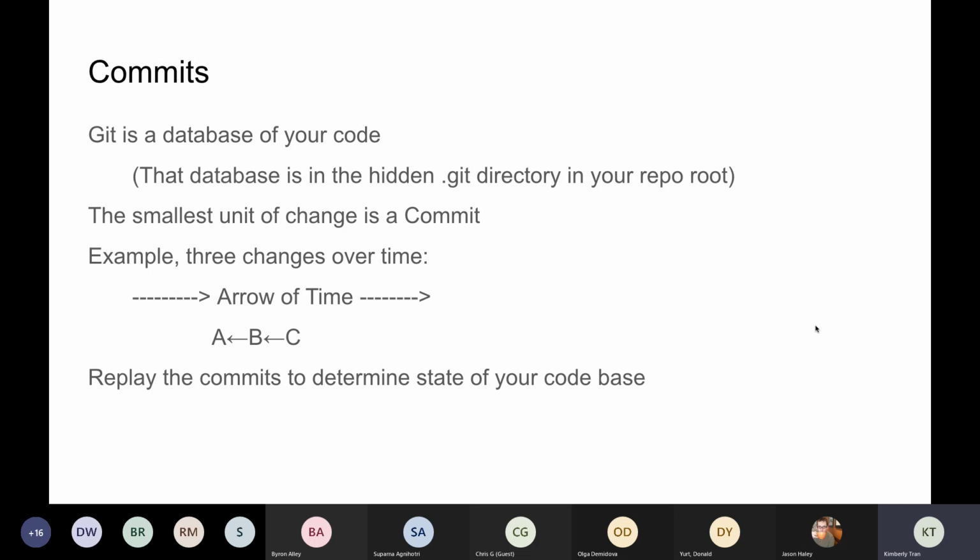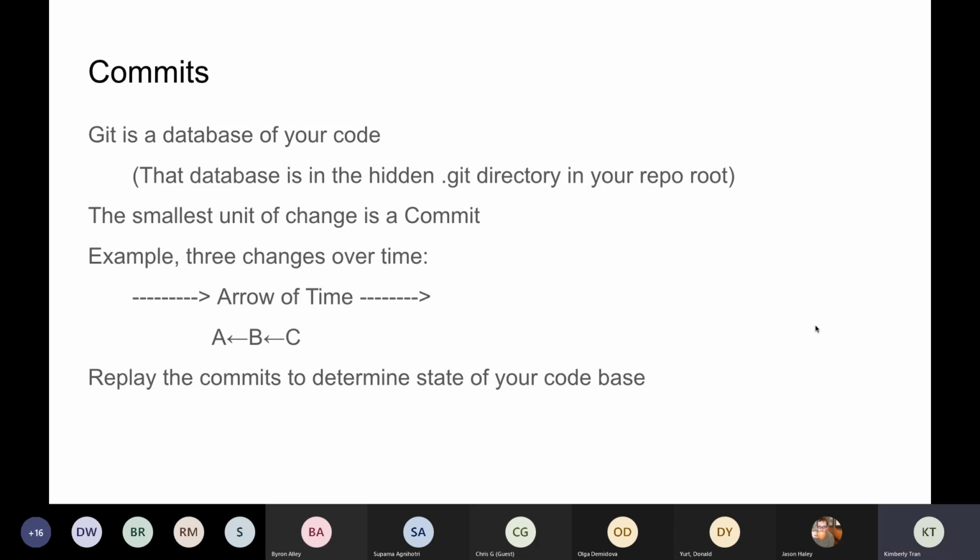So commits. Git is a database of your code, and the database is in that hidden .git directory in your repo root. The smallest unit of change is a commit.